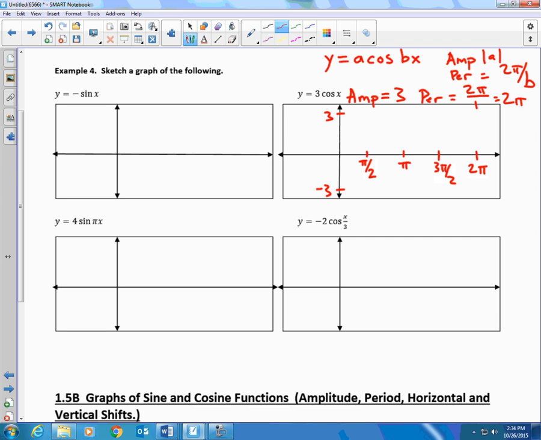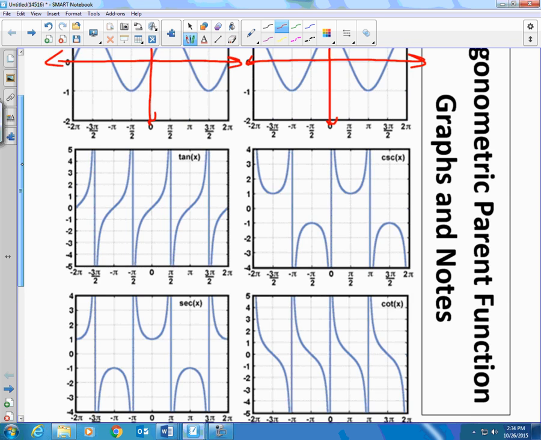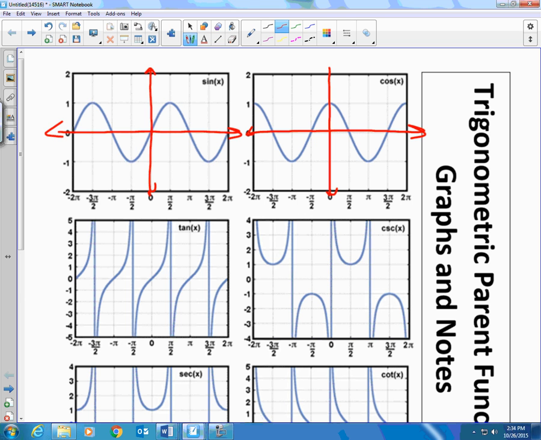Now, there's a difference between sine and cosine. I'm going to have you look at your sheet of notes and tell me what is the difference between sine and cosine. They're very similar, but what's a distinct difference? Yeah, sine starts at 0.